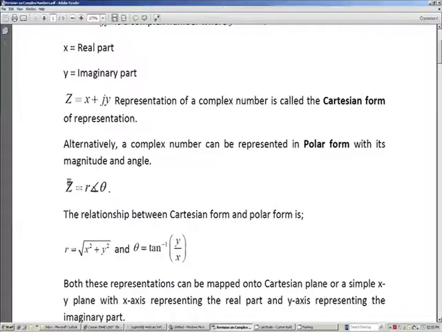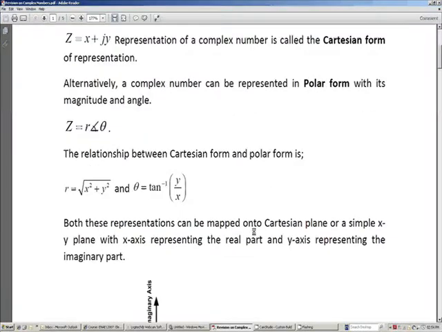The relationship between the Cartesian form and the polar form, as you know, is r equals the square root of x squared plus y squared, which is the magnitude, and theta equals tan inverse y over x.